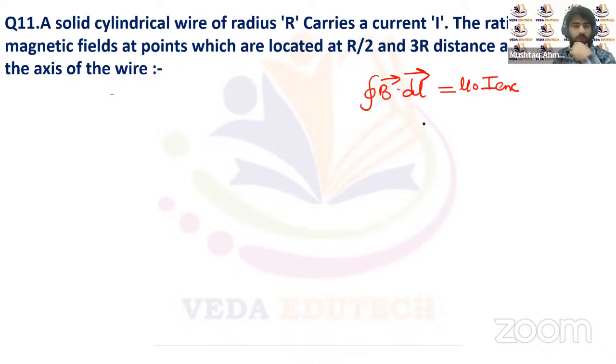We can use it for the cylinder. We can use it for a wire as well. So we'll be using this law, Ampere's circuital law, to calculate the magnetic field due to a cylindrical wire of radius R. Now let's suppose we have a cylindrical wire.